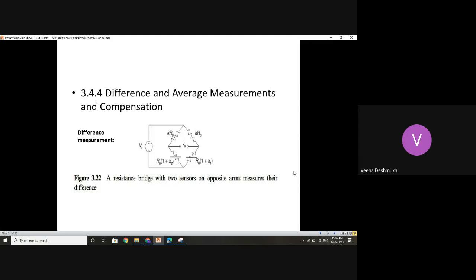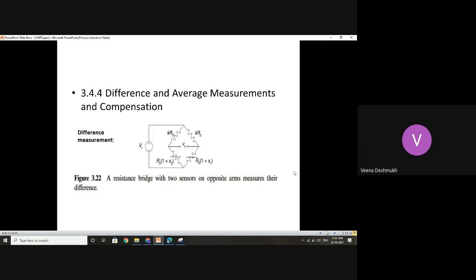In some cases, to bring down the non-linearity, or to make the system linear, what we use is in two arms, the resistive sensors are used so that it takes care of temperature variations due to self-heating or resistance variation due to ambience variations, especially the temperature and the strain or stress.